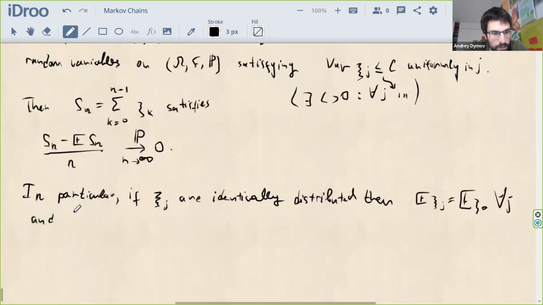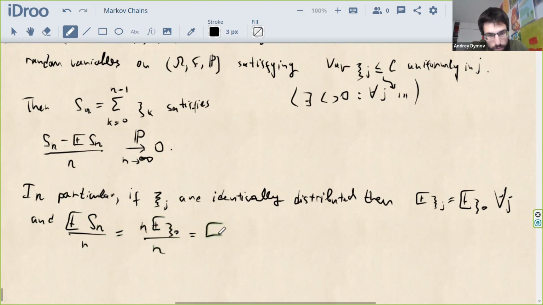And then the expectation of Sn over n, what is this? This is n times the expectation of the first one, by linearity of the expectation, divided by n, and this is just the expectation of psi 0.